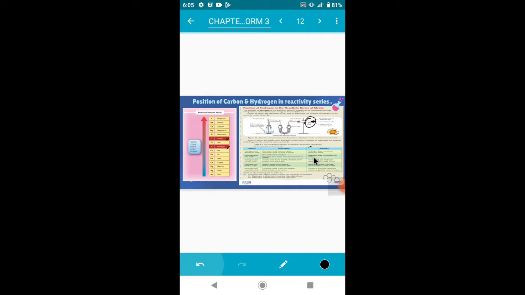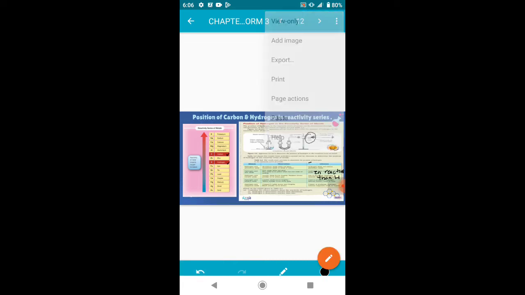You can see hydrogen does not reduce the zinc oxide, which means zinc is more reactive than hydrogen. So the position of hydrogen should be below zinc. It cannot be above zinc. It should be below.